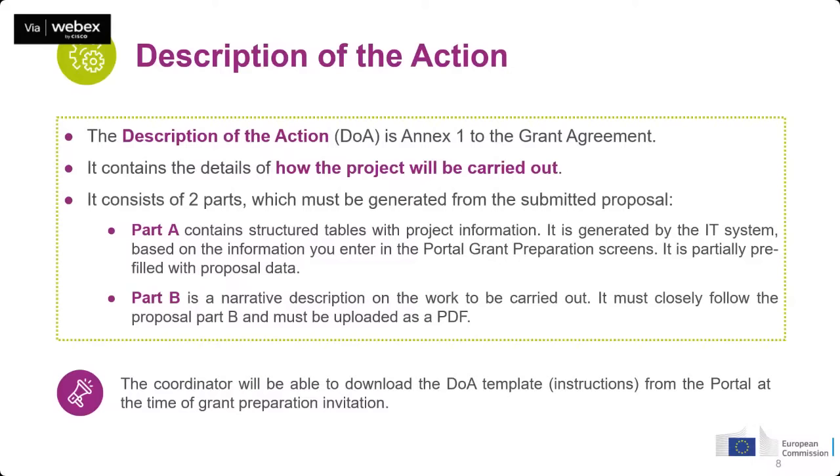And the Part B is a narrative description of the work that you plan to carry out in the project and that you must upload as a PDF. This is exactly the same as you do in the proposal. However, we are asking you to include some changes: information that in the proposal was in the Part B, we are asking you now to move to the Part A, to facilitate the management of the project.